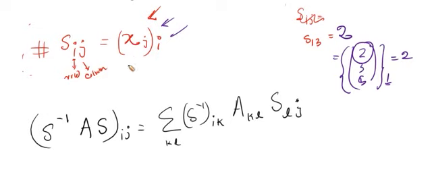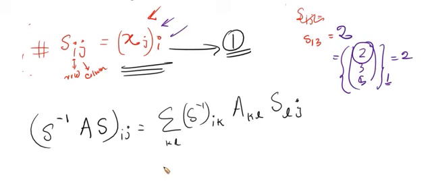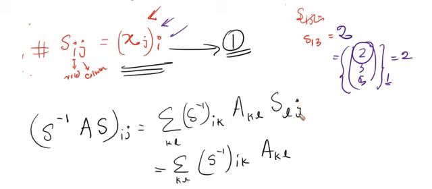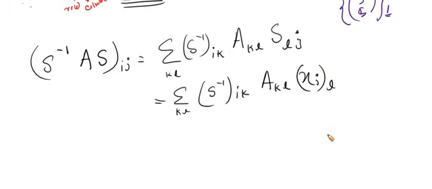But now use this notation over here. Let's call this equation 1 so that you can understand what I'm saying. So now we are going to use equation 1. If you do that, you will have S inverse ik A kl, and S lj will be represented with x of j and taking the lth element, right?